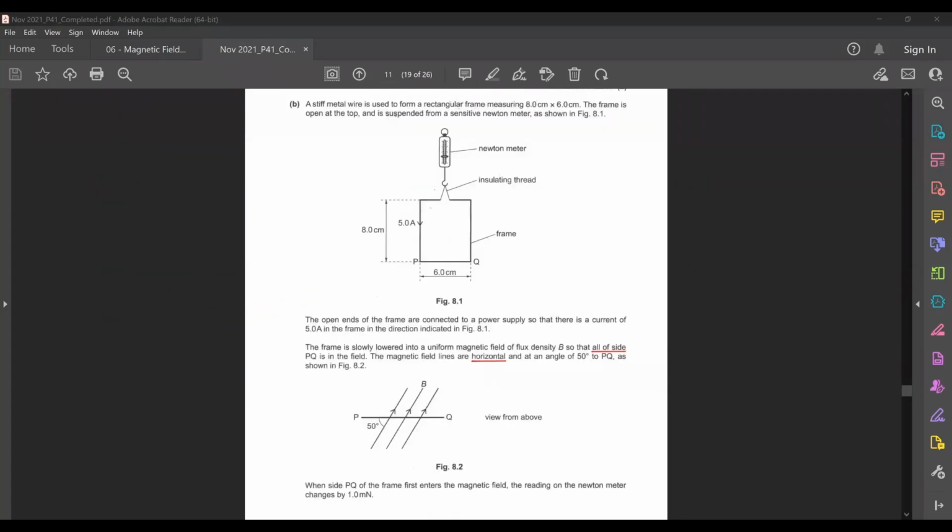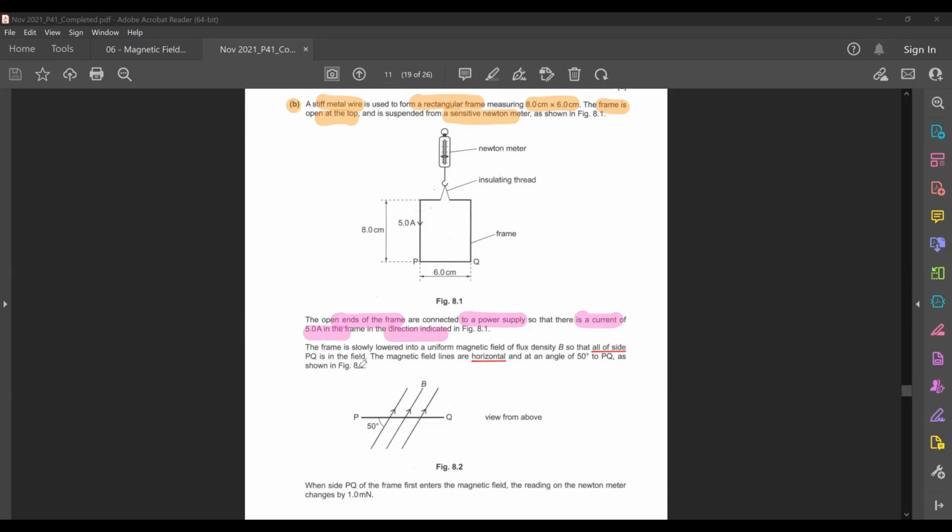Okay. And then now if you move on to part B, you have a stiff metal wire that is used to form a rectangular frame measuring 8 cm by 6 cm. The frame is open at the top and is suspended from a sensitive Newton meter as shown in the figure below. The open ends of the frame are connected to a power supply so that there is a current of 5 amps in the frame in the direction as indicated in the figure above.